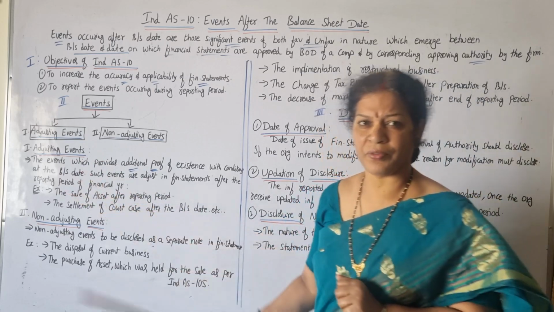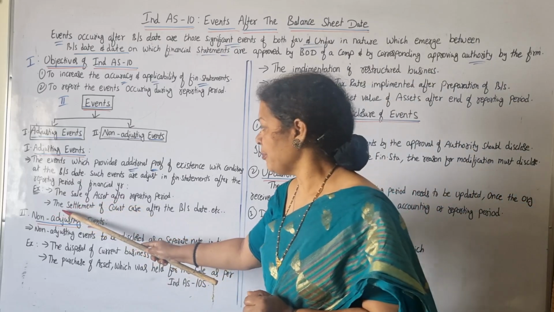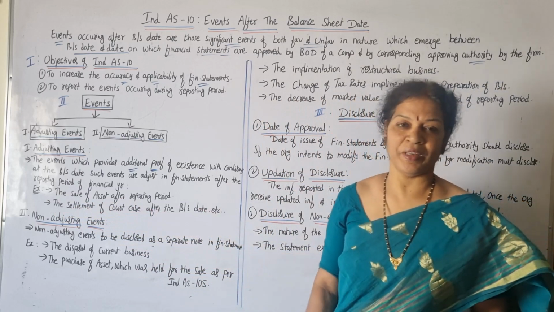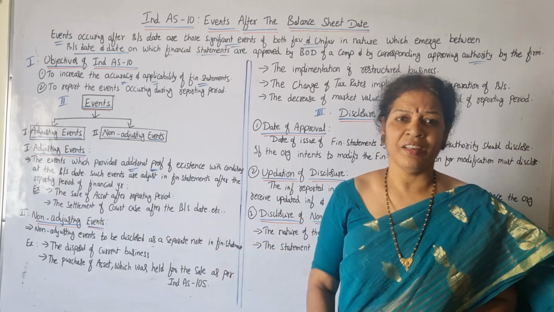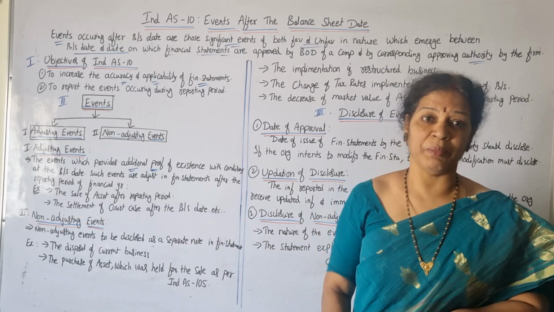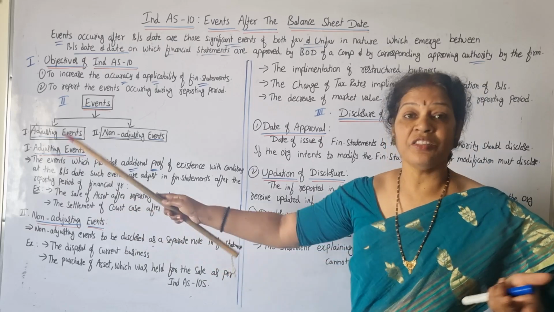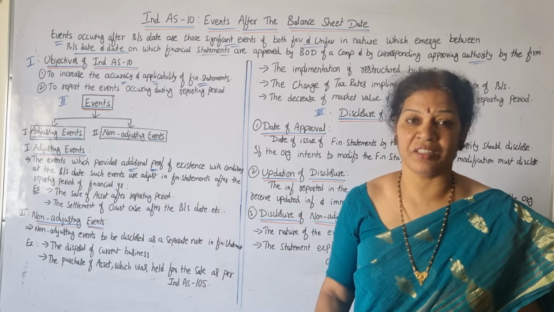This is one kind of event. Another example is the settlement of a court case after the balance sheet date. The balance sheet date is over, and the settlement of the court case occurs. This also can be adjusted. A few things like this we can adjust, and we call them adjusting events.